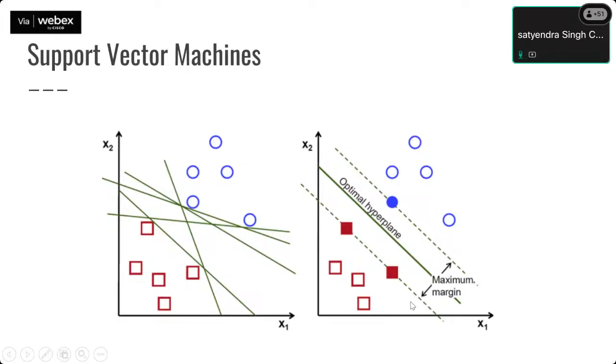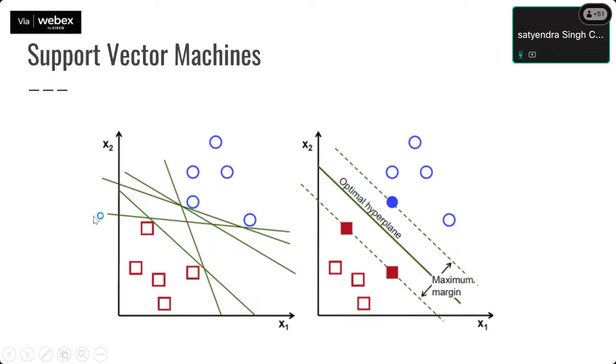maximum margin. So in the support vector machine, support vectors are those data points which are close to the boundary of the hyperplane or the line. So for example, for this hyperplane, in the case of two dimensions it is a line, these two are the support vectors, and from the support vectors the maximum margin is identified.